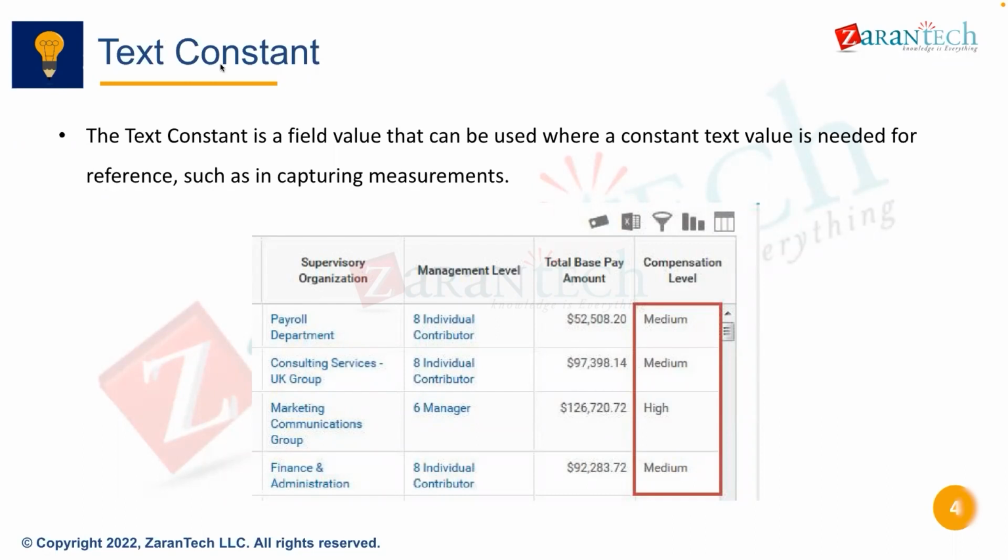These are text constants we have created, and they are reflected because of the constant values we created. We are evaluating based on the conditions we are putting in place as part of the other calculated fields. So we create these text constants of medium, high, low, and then use them as part of the calculated field, which is the evaluated expression and the lookup range band. I'll create these when we move to the evaluated expression field, because they are all part of it. We are just learning that this is one function that is available, called text constant.